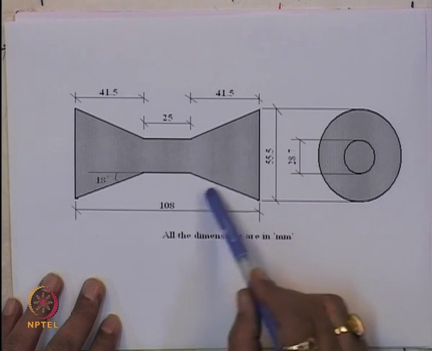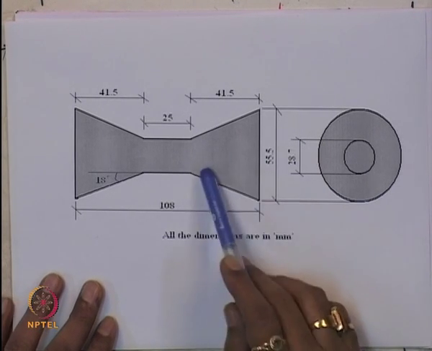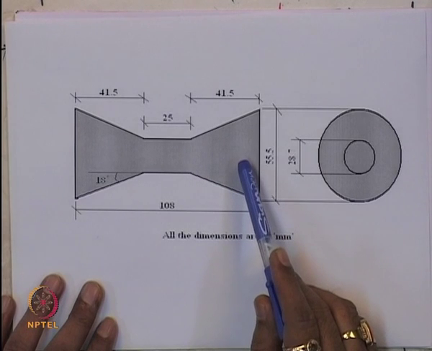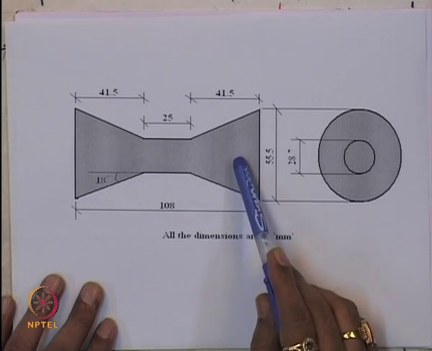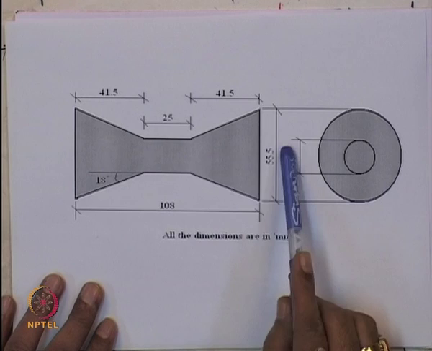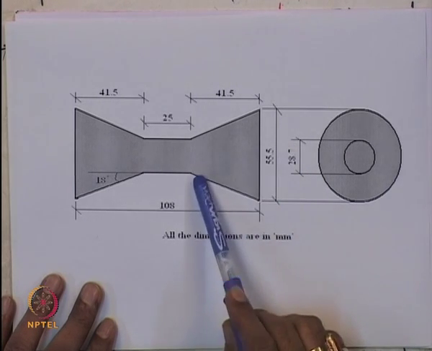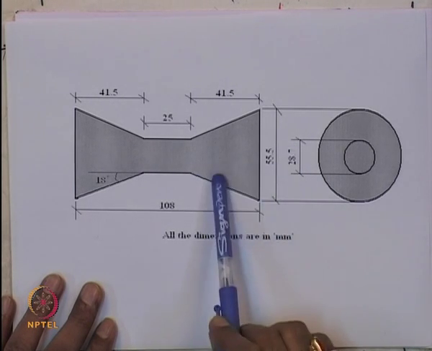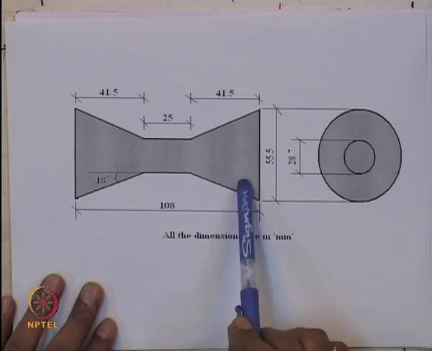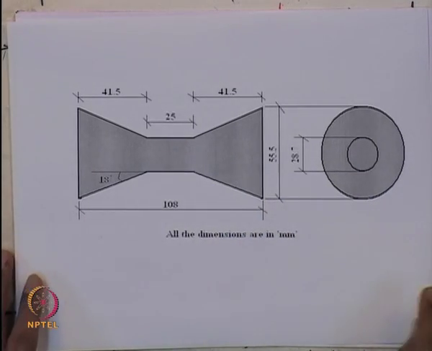So it is like a dumbbell shape, and sometimes it is very difficult to manufacture or produce this kind of dumbbell shape for determining the tensile strength of the expanded polystyrene geofoam.